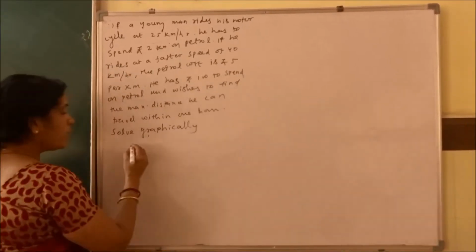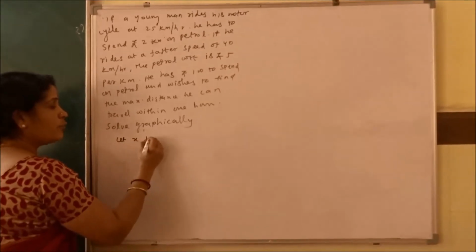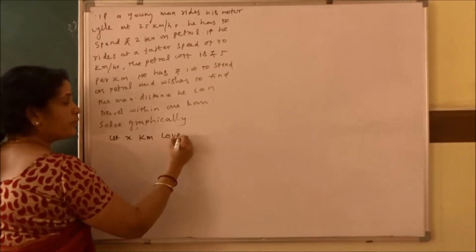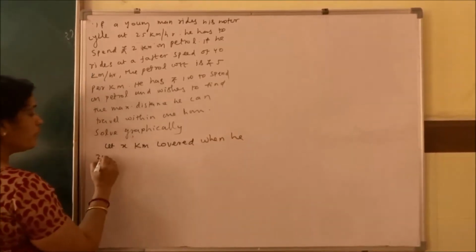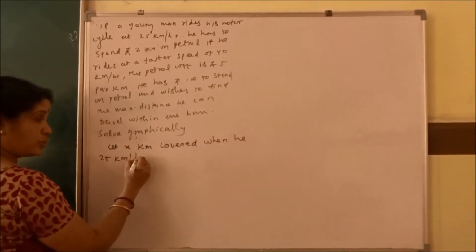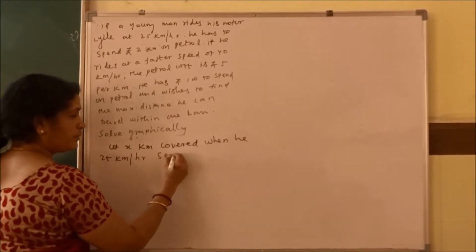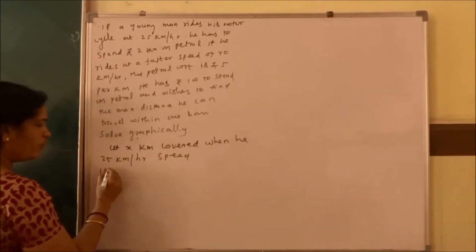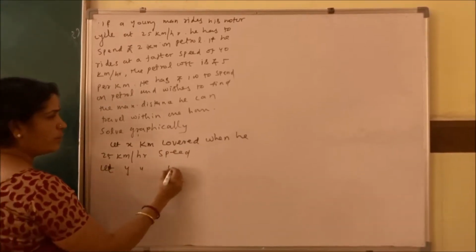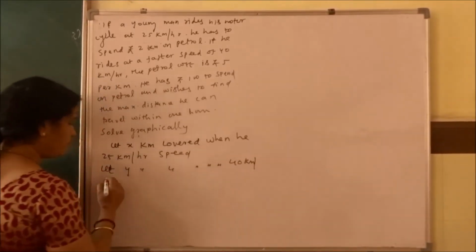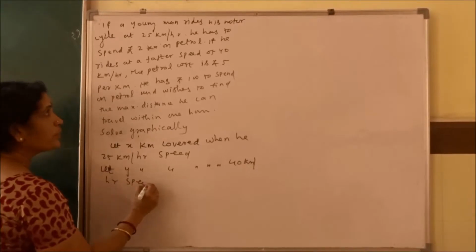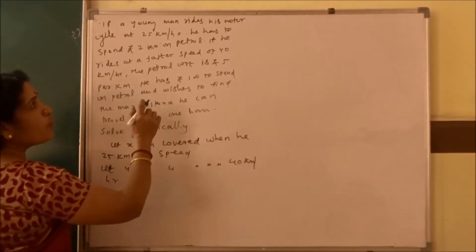So let x kilometers be covered when he is at 25 km per hour speed. Clear to you? Now let y kilometers be covered when he is at 40 kilometers per hour speed. Okay, fine. Now see what they are saying.